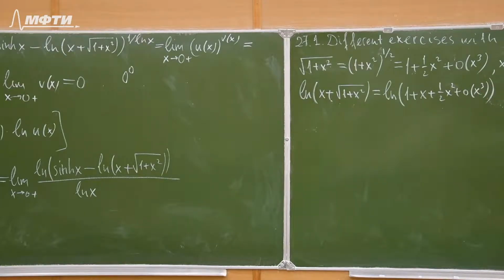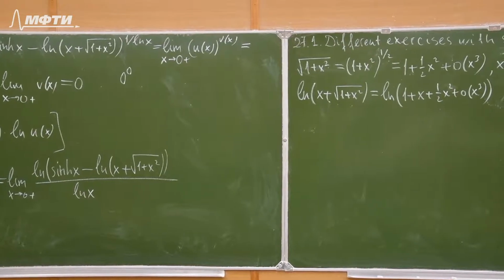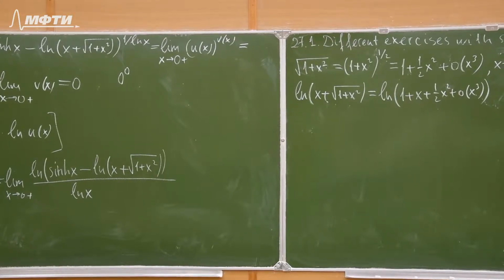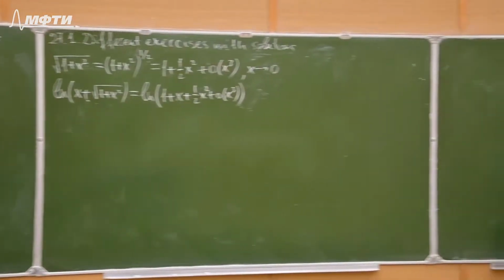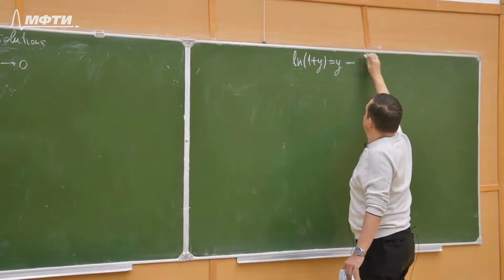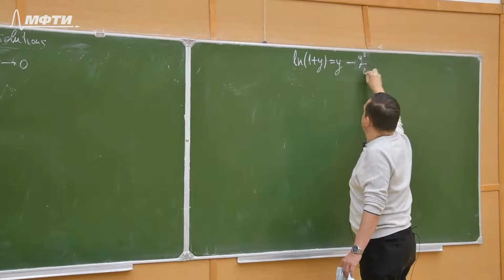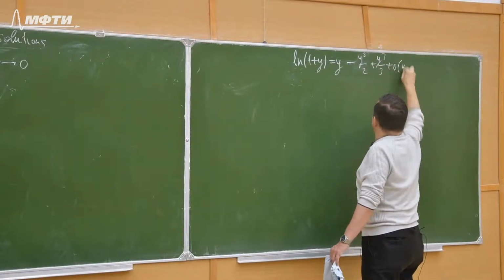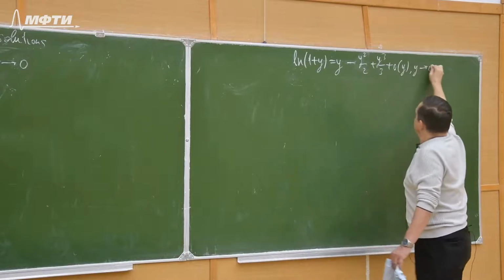And, oops, it was written here and I erased it. It was a mistake, of course. Logarithm of 1 plus y is y minus y squared over 2 plus y cubed over 3 plus little o of y cubed as y tends to 0.